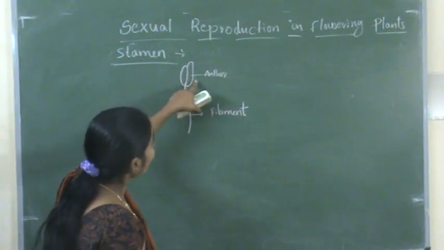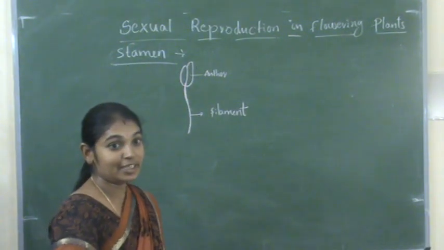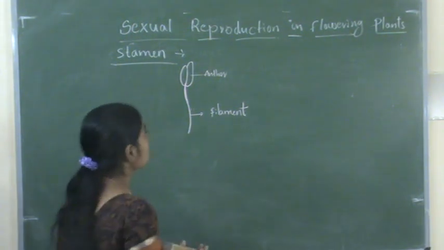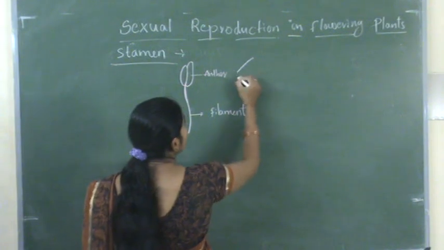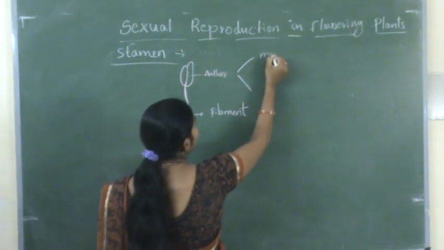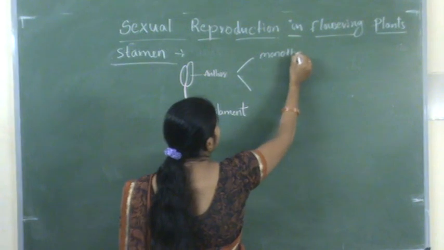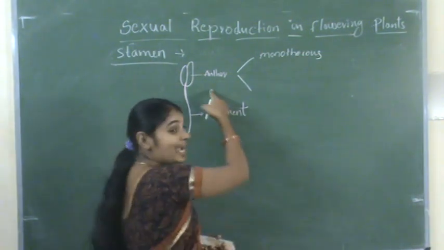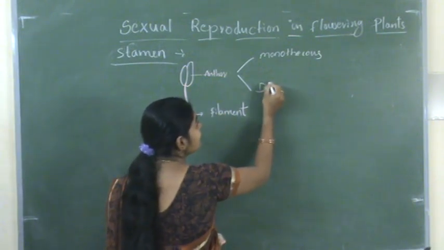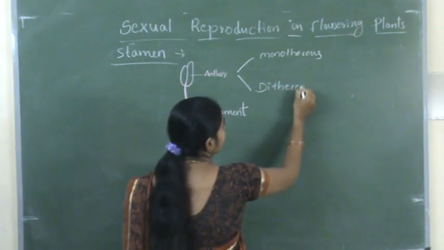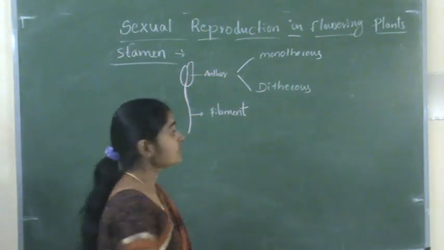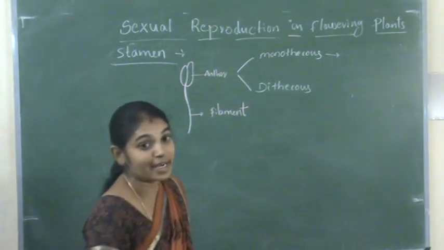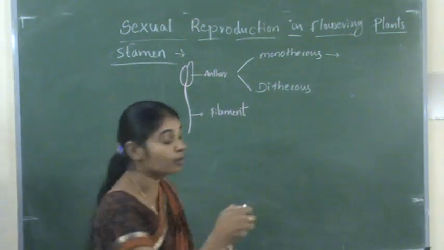In angiosperms, different types of anthers are present on the basis of the number of lobes: monothecous type of anther and dithecous type of anthers. Monothecous anthers have only one lobe.